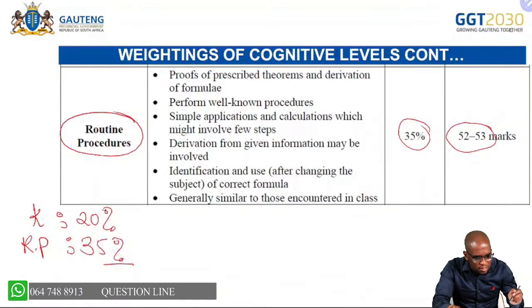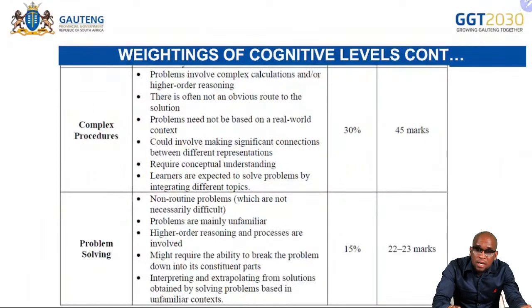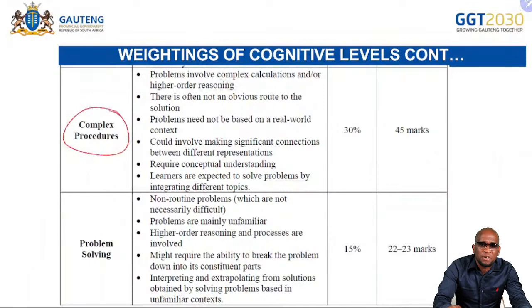Now, obviously, we also have those complex procedures. These ones involve complex calculations and higher order reasoning. There is often not an obvious route to the solution. The solution may also be based on real-world context. They require conceptual understanding. So, at times, you'll be required to integrate different topics.